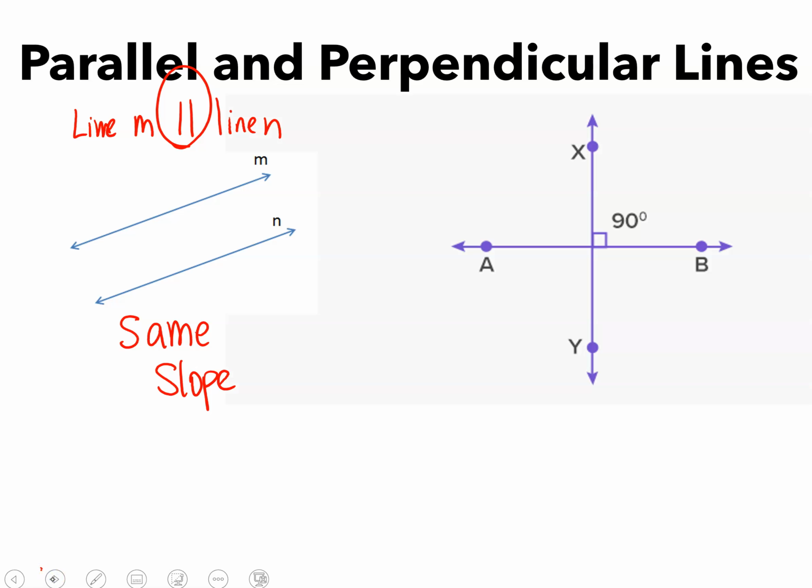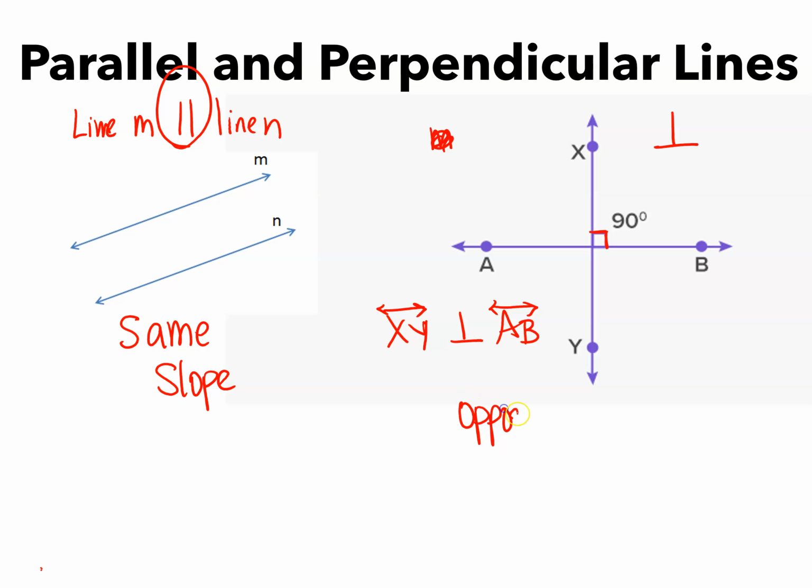These lines are perpendicular. They form a 90-degree angle. The symbol is this. So we could say that line XY is perpendicular to line AB. And their slopes are the opposite reciprocal.